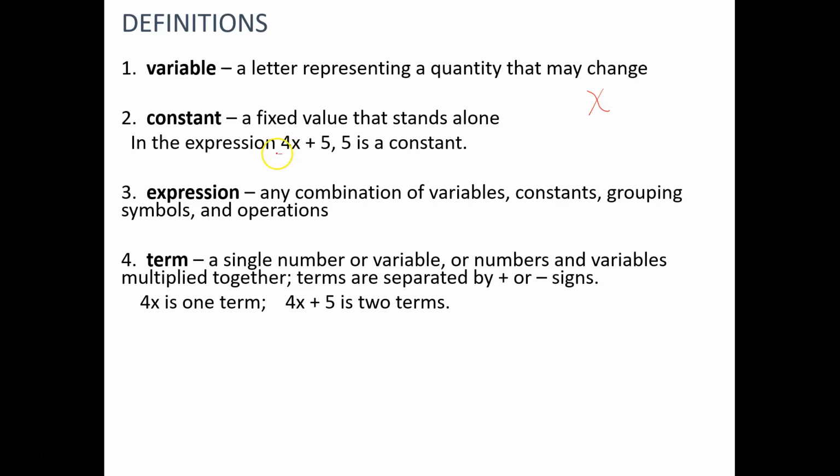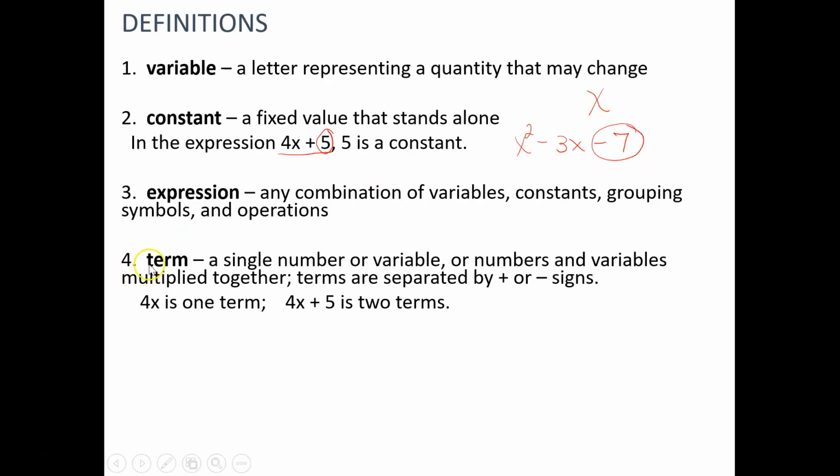So 4x plus 5 is considered an expression. And in that expression, 5 is a number that stands alone. It does not have a variable multiplied to it. It just stays 5, it stays constant. So that's what we call the numbers that don't have the variables behind them. So if we did another example, let's say x squared minus 3x minus 7, the constant in that would be the negative 7.